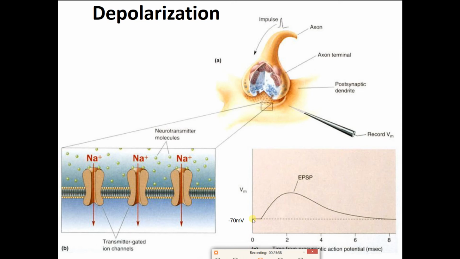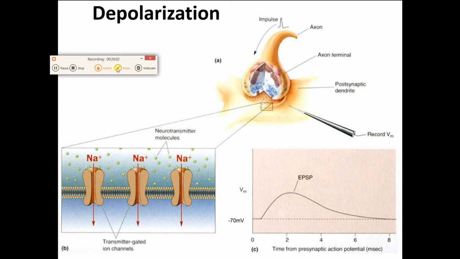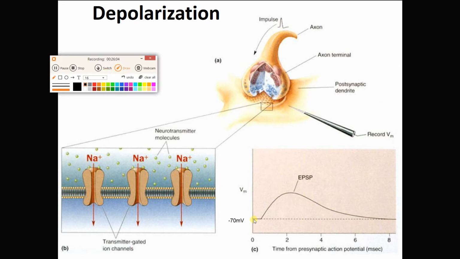I started at rest right here. Resting, resting, resting, and then we go up, getting more positive. That change right there is a depolarization. So from here to here, depolarization.